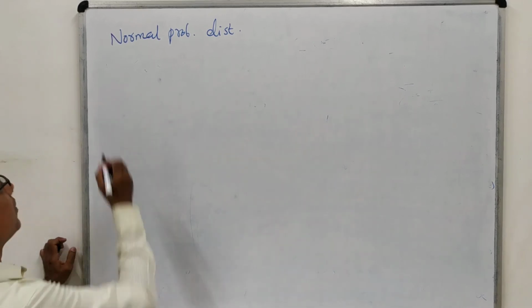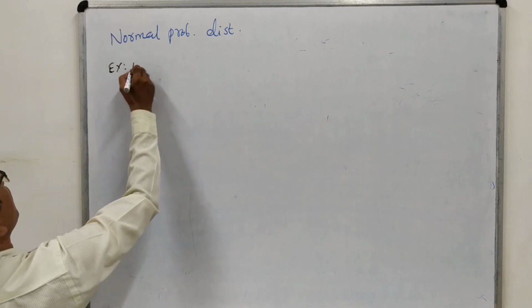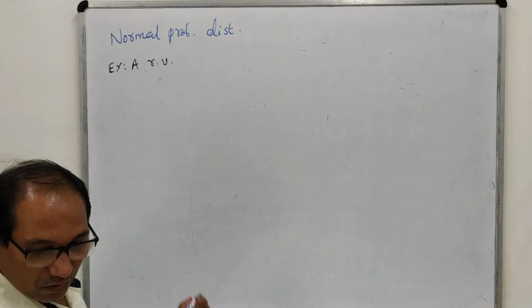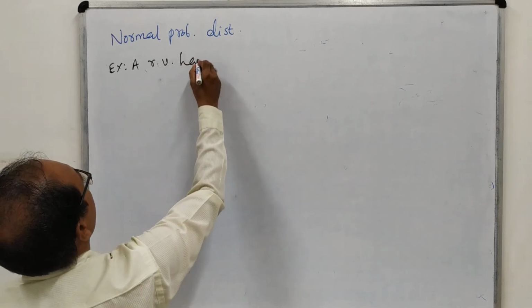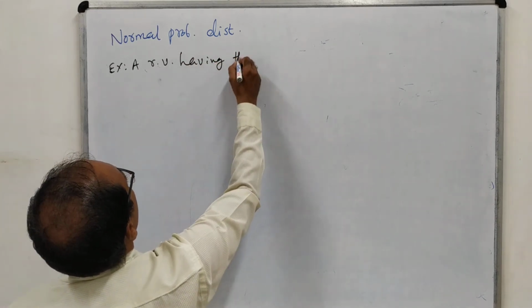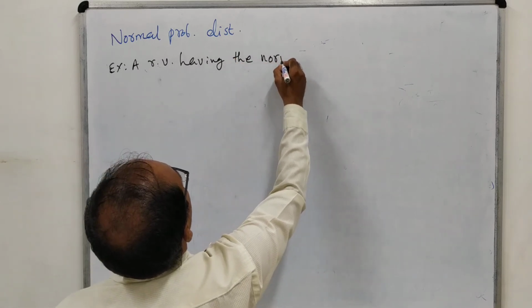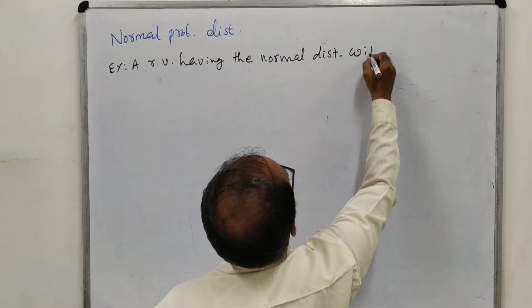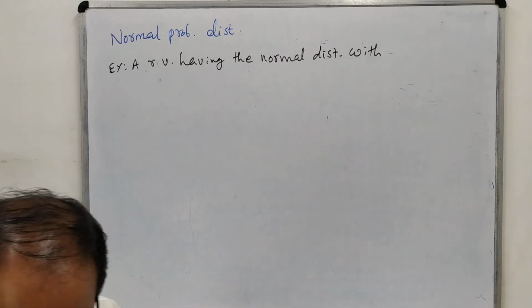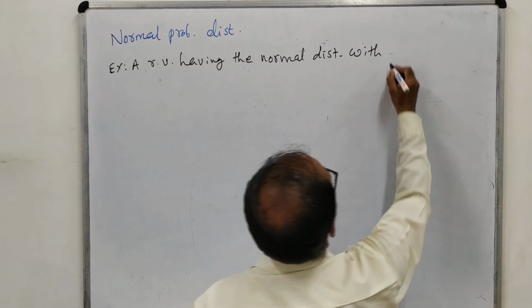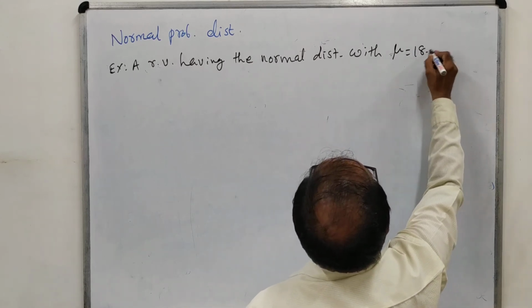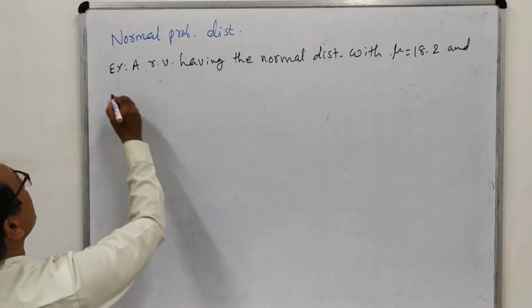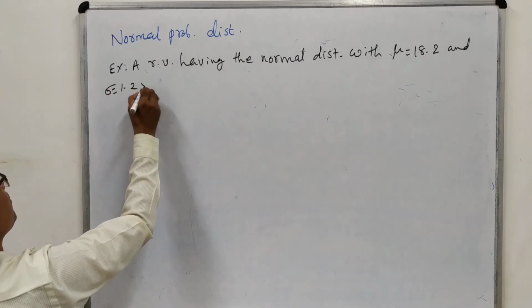Now let us see one example. A random variable having the normal distribution with mu equal to 18.2 and sigma equal to 1.25.